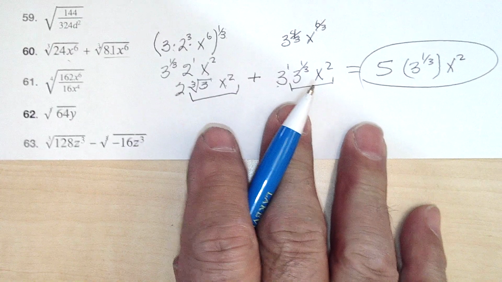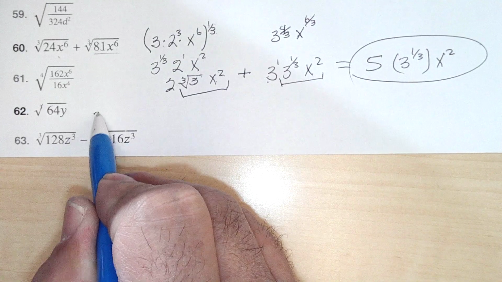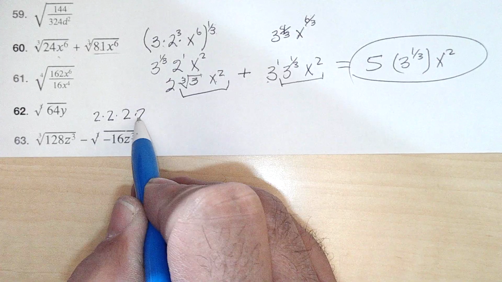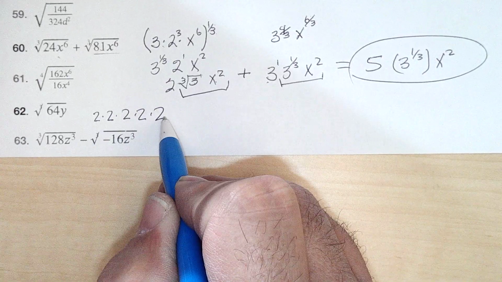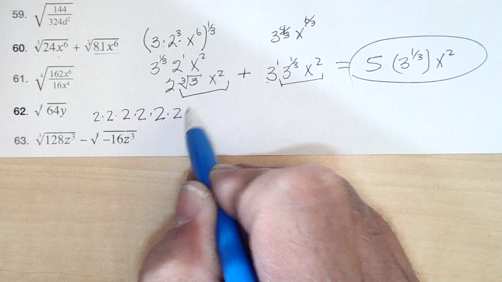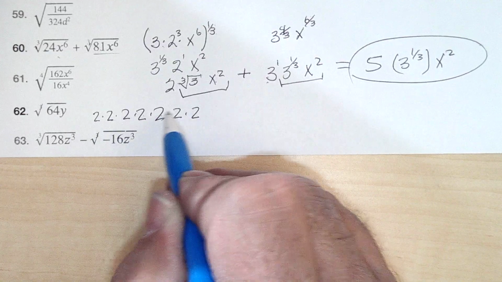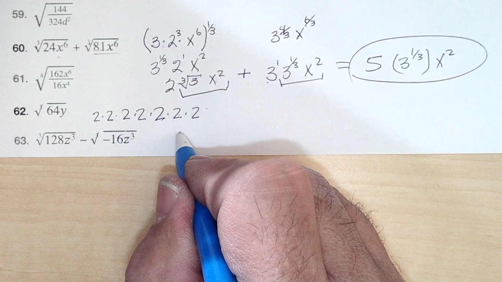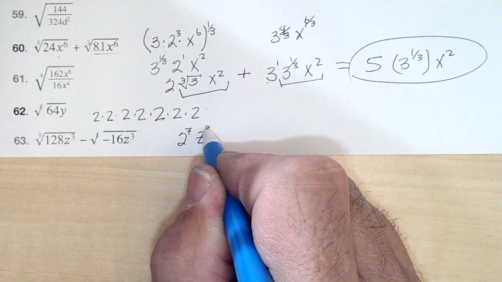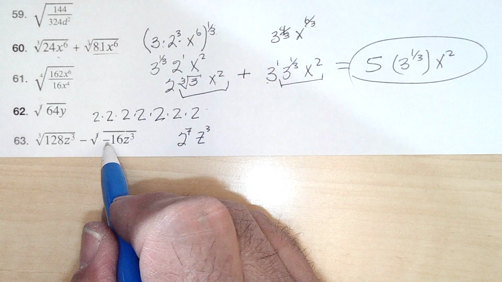And finally, the last problem. 128, 2 times 2 is 4, times 2 is 8, times 2 is 16, times 2 is 32, 64, 128. 1, 2, 3, 4, 5, 6. So this is 2 to the 7th, z to the 3, and a negative.